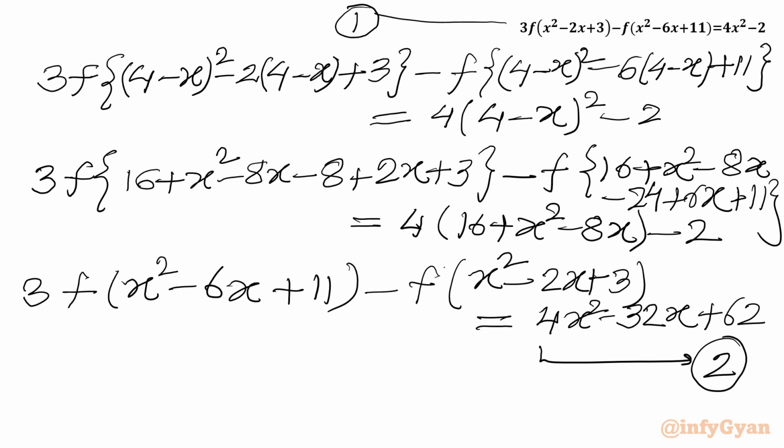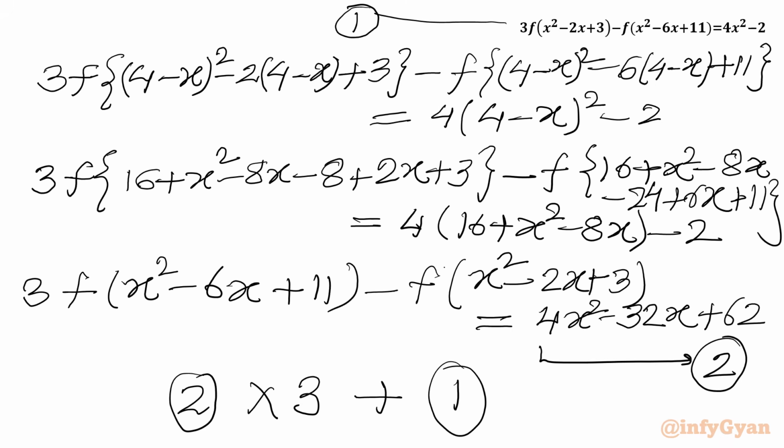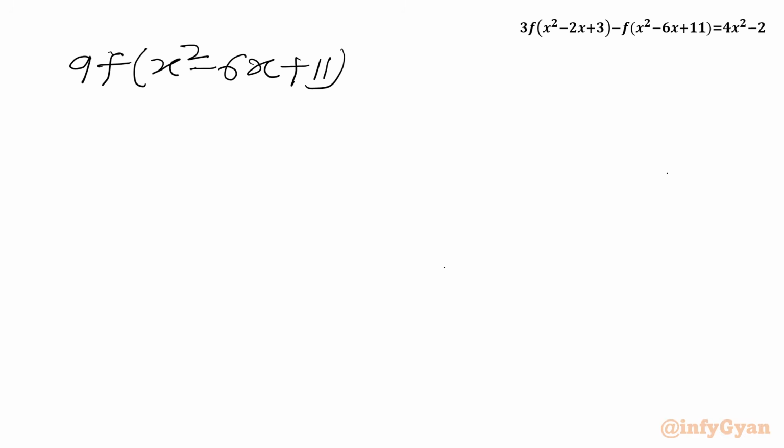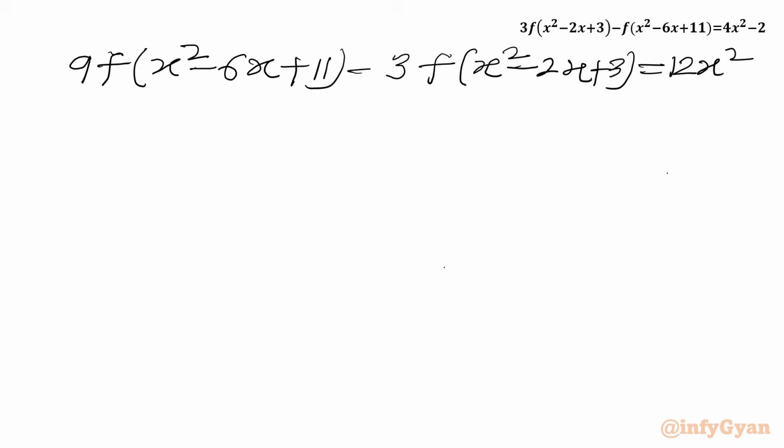Now I am going to perform the operation: equation 2 times 3 plus equation 1. We will get, let me write here, equation 2 times 3: 9 times f of (x² − 6x + 11) minus 3 times f of (x² − 2x + 3), and in the right hand side we'll multiply by 3 and get 12x² − 96x + 186.